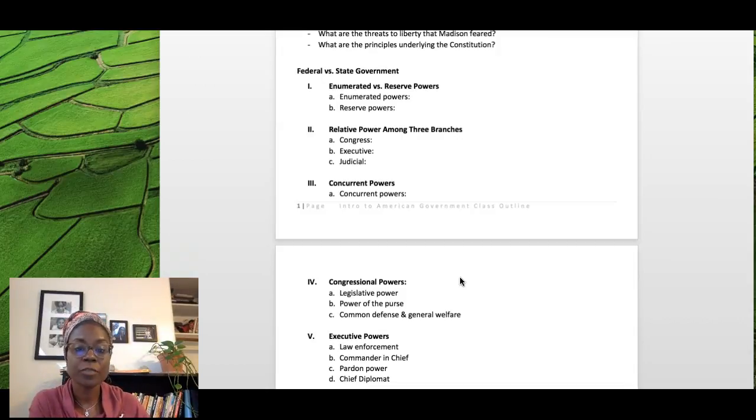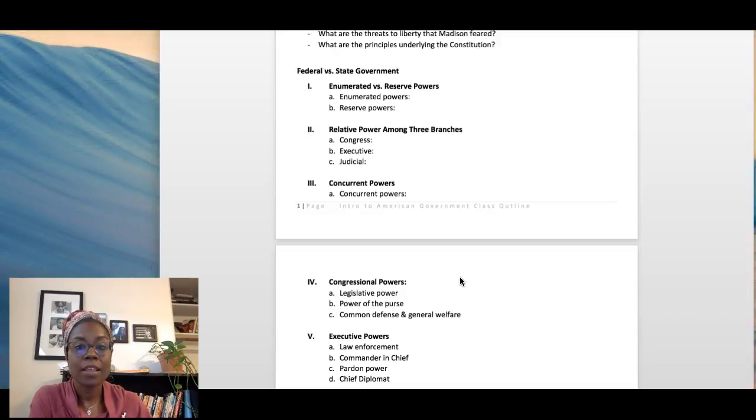So they are explicitly given to the federal government, and they're laid out in very great detail. Those are the enumerated powers, and they range from the power to raise money by levying taxes to many other powers that the federal government has been given.